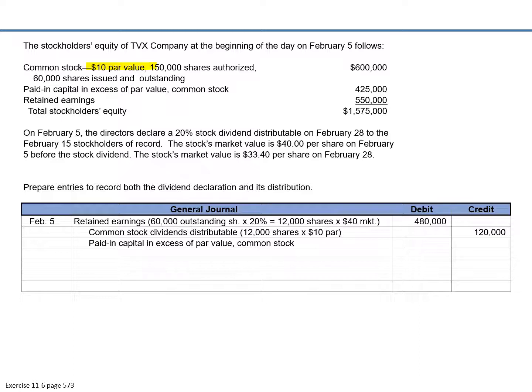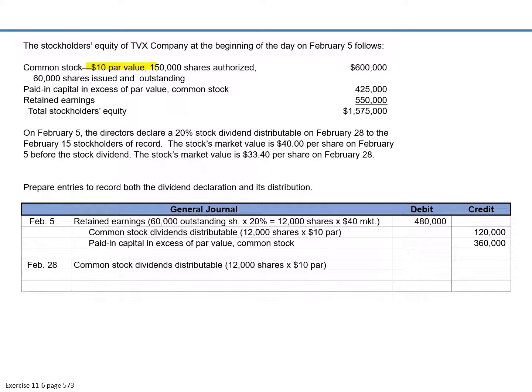And that's because this is considered a small stock dividend, so less than or equal to 25%. So we need $360,000 credit to our paid-in capital account in order to have our debits equal our credits. Then on the 28th, when they distribute it, we're going to reduce our common stock dividends distributable.